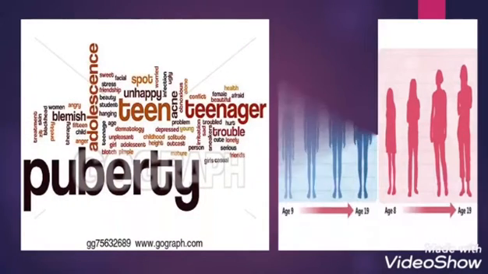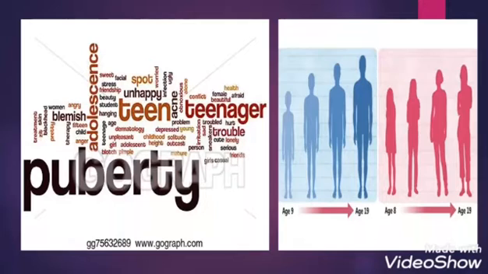Menstruation is one of the many changes that happens in a girl upon approaching puberty. But what is the difference between puberty and adolescence? The time when a person approaches sexual maturity is called adolescence. In this period, sperm production begins in a boy and ovulation in a girl.